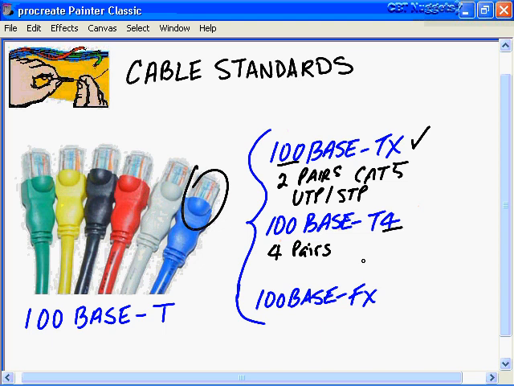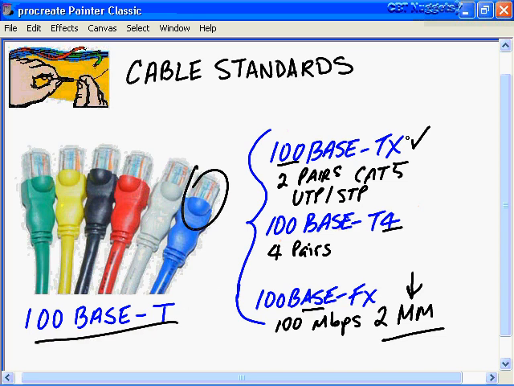You won't see this as often. 100 base FX, however, is 100 megabit per second baseband transmission Ethernet over 2 multi-mode fiber optic cables. And we're going to look at some examples of fiber optic cable here in a second, and we'll look at multi-mode fiber specifically. So you do want to memorize these 3 main cable standards for the 100 base T family: 100 base TX, T4, and FX.